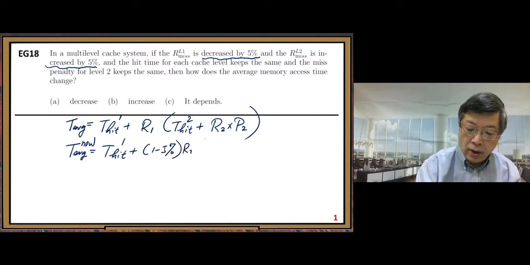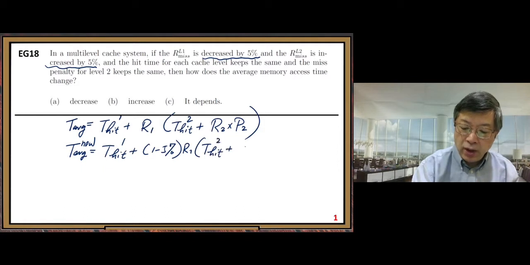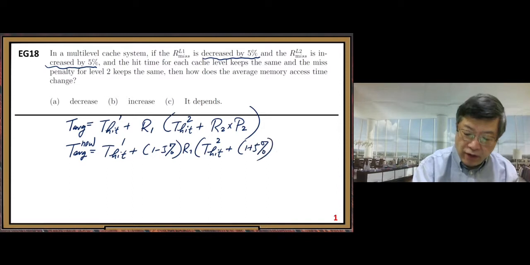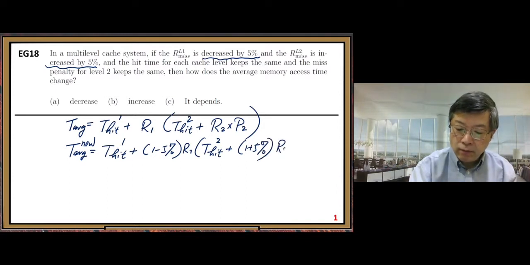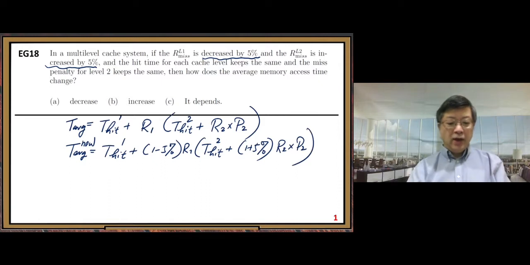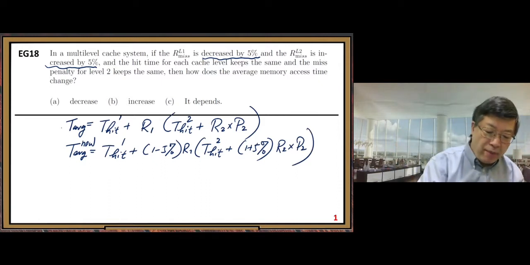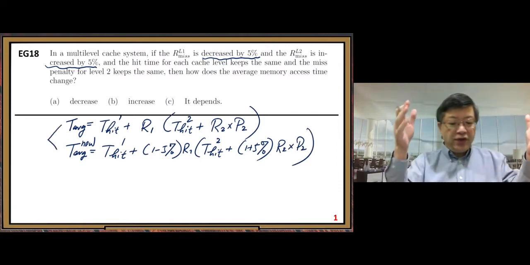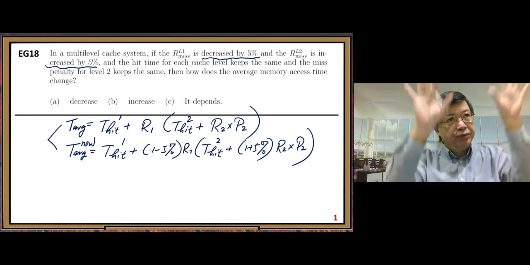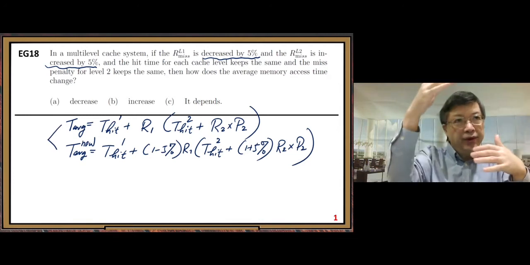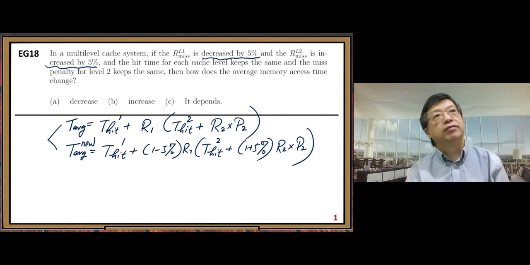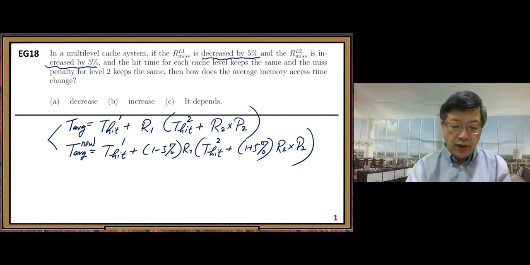Hit time L2, no change, but R2 increased by 5%. Next, we need to compare these two numbers, which one is greater, which one is smaller. That's simple.